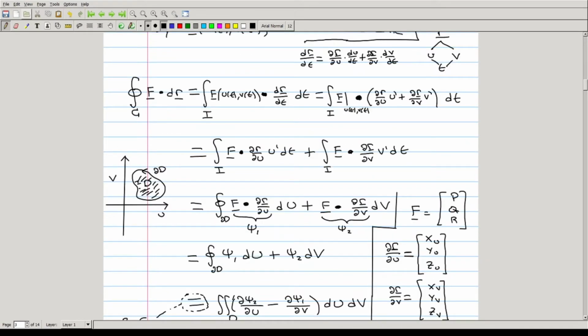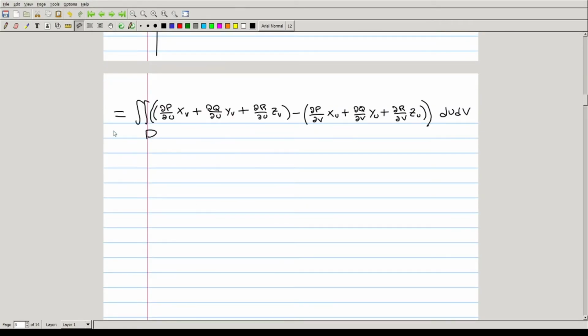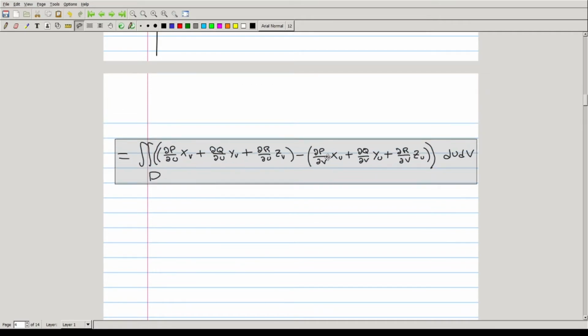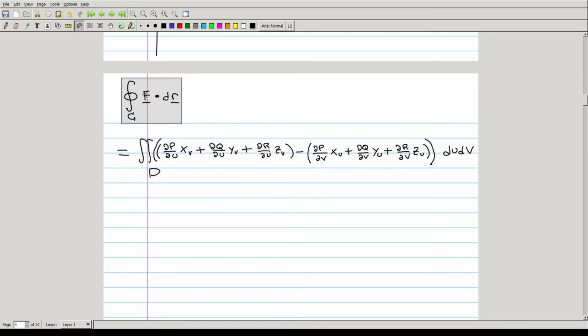We've essentially been able to reduce the circulation integral, with a clever use of Green's theorem, down to this double integral right here over the region D in our parameter space, parameterizing our curve. This is what we've shown so far.